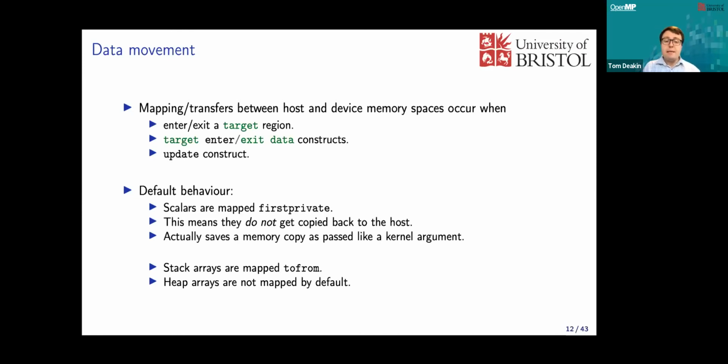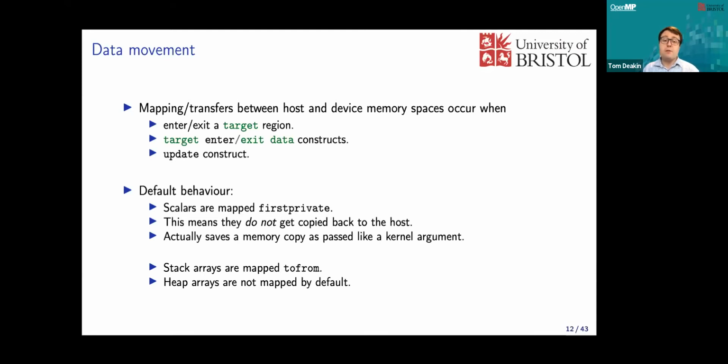Now, stack arrays, these are local arrays in Fortran that don't have the allocatable property. These are just arrays that you make of a given size. These are going to be mapped tofrom. This means that when they enter a target region, all the data in there is copied from the host to the device, and it's available in the shared memory of the device to be used throughout that target region.